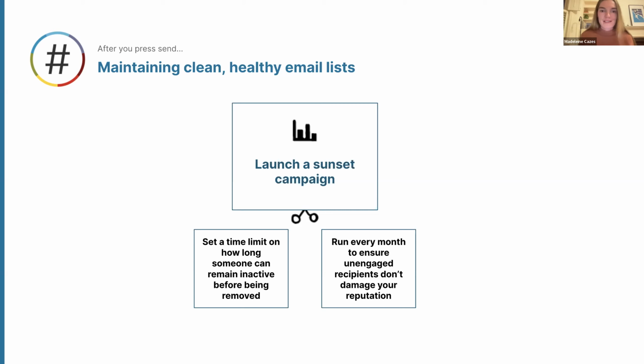Implementing a sunsetting policy is where you give yourself a strict timeline on how long a recipient can remain inactive in your database. This will differ from one organization to the next, but typically it can be anywhere from 6 to 12 months.